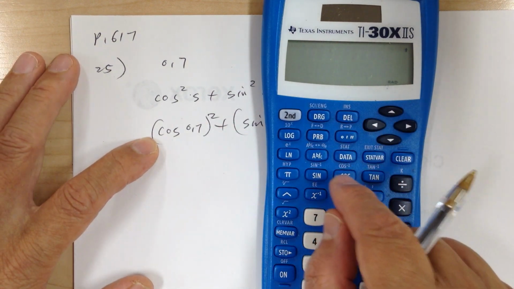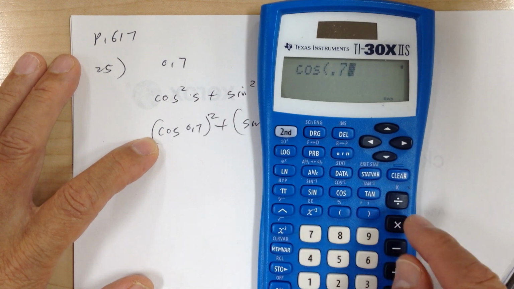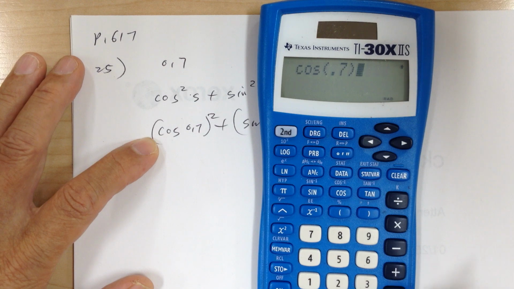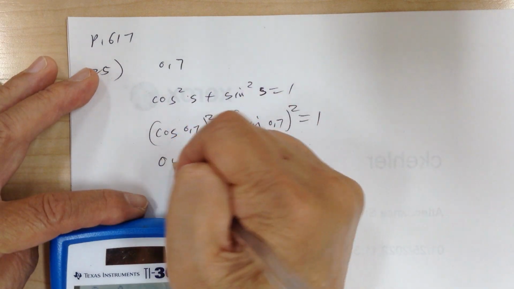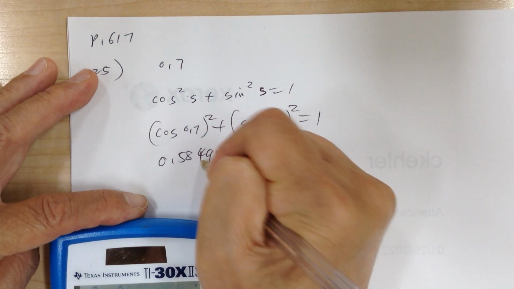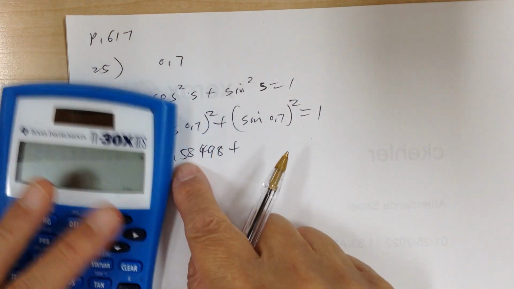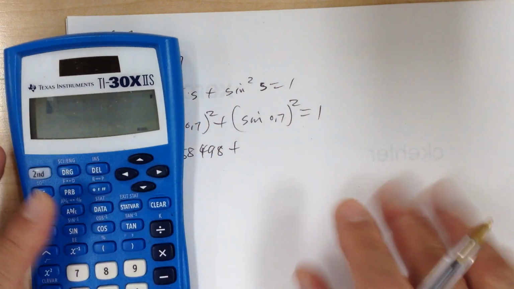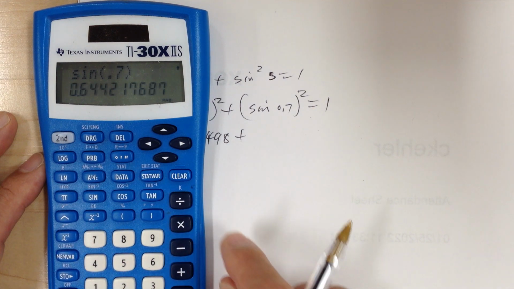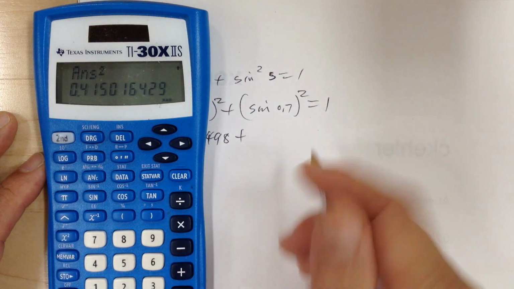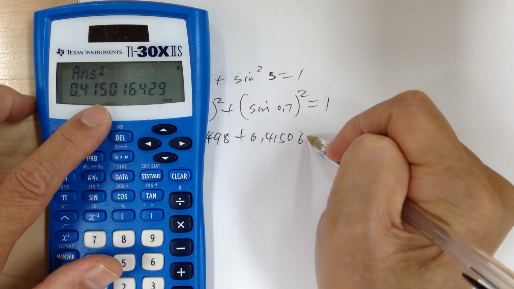So cosine 0.7 close, and push equal. Then you square that, equal. So you're going to get 0.58498. And this one over here, notice I carry a lot of digits, so it's a bit more accurate. So I got sine of 0.7 equal, then I square that, equal, so 0.415041564.